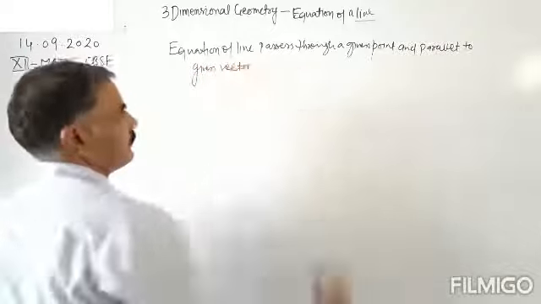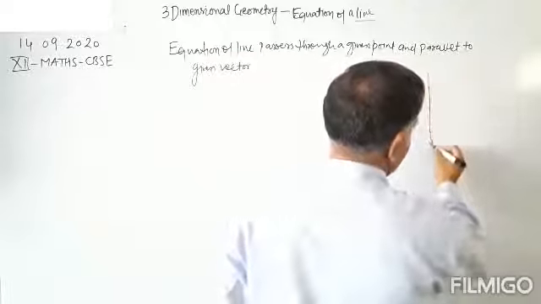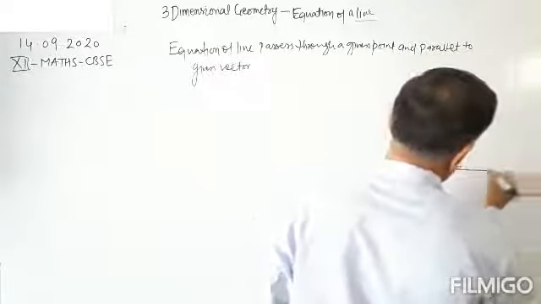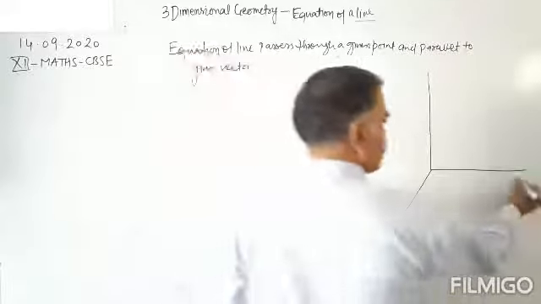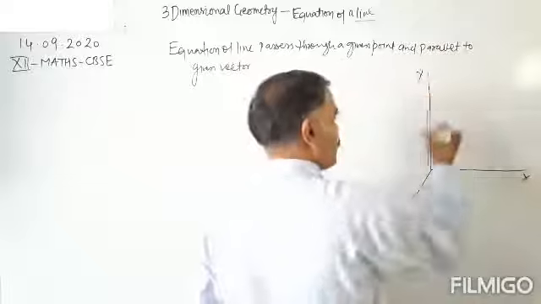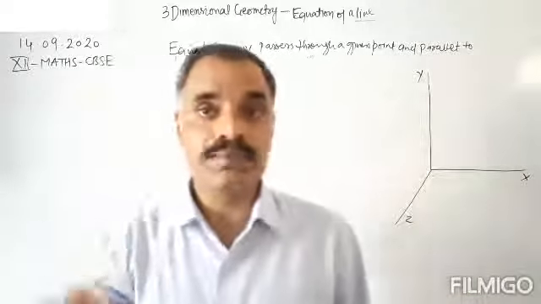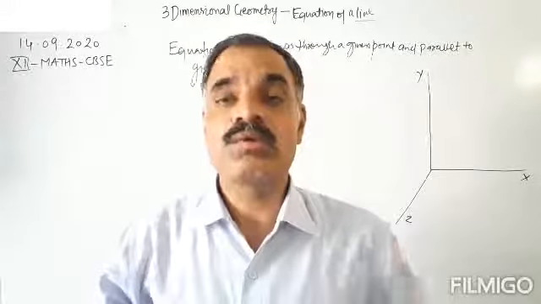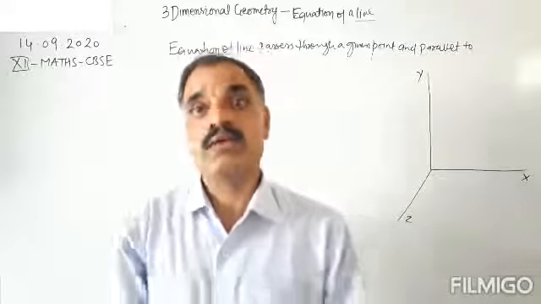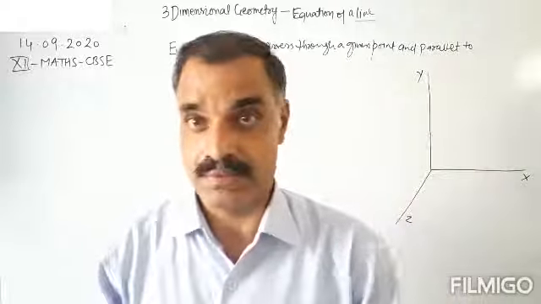Okay, so let this be the three-dimensional Cartesian plane. This is the x-axis, y-axis and z-axis. Whenever we talk about the three-dimensional Cartesian plane, it means we are talking about space, so we are finding the equation of a line in space.